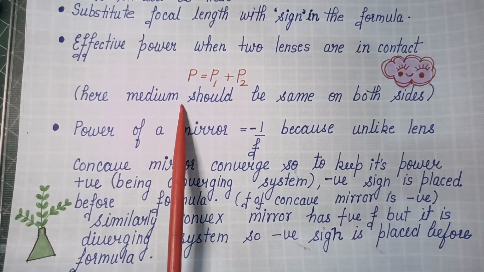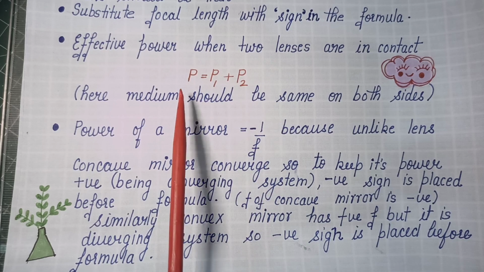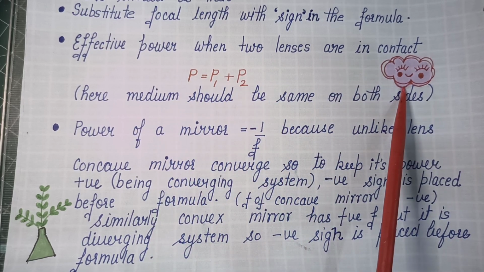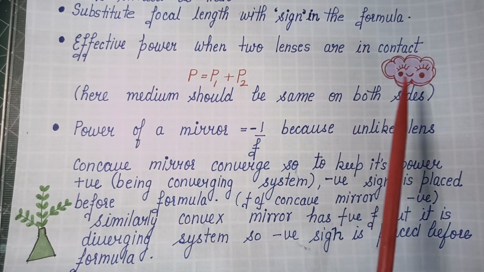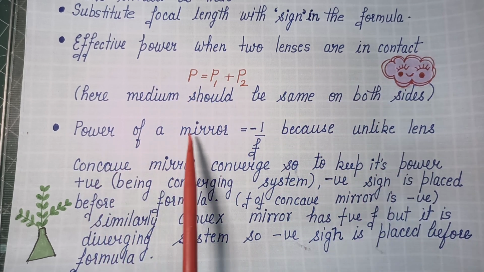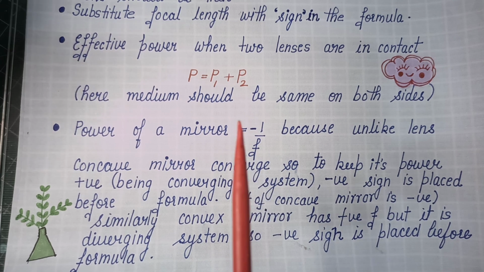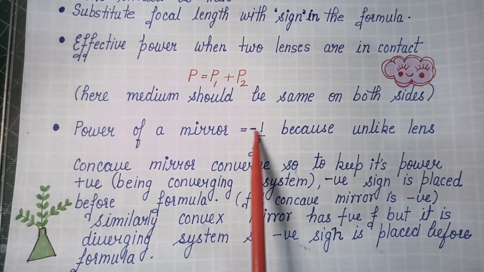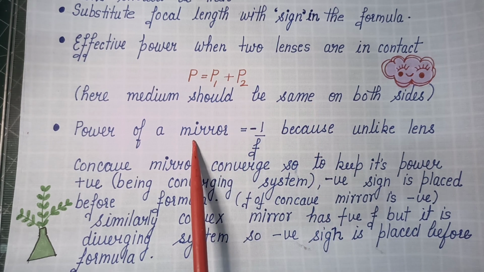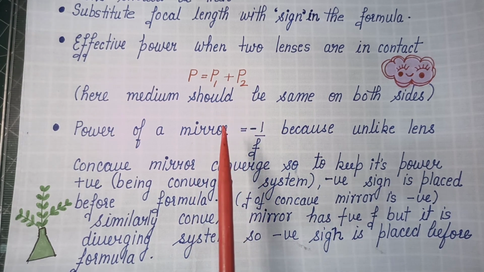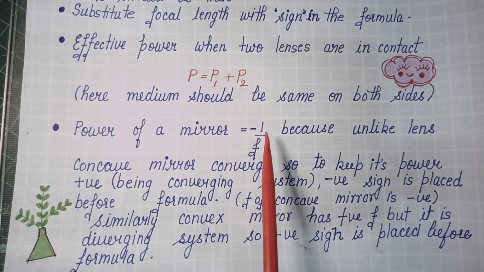Here we need to remember that the medium on the two sides of the two lenses should be the same. Then the power of a mirror is -1 upon focal length, and the minus sign is there because the power of a converging system should be positive, but here the concave mirror is converging.